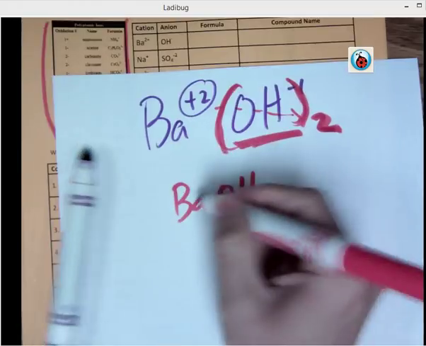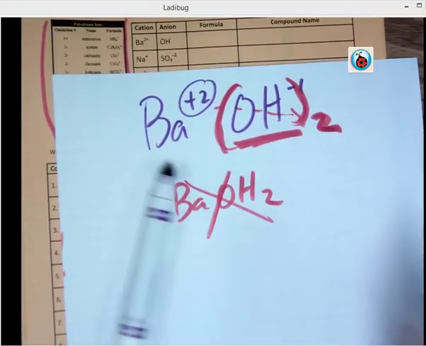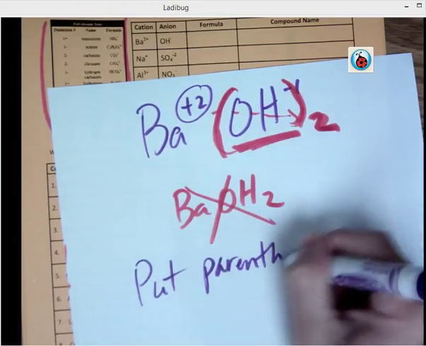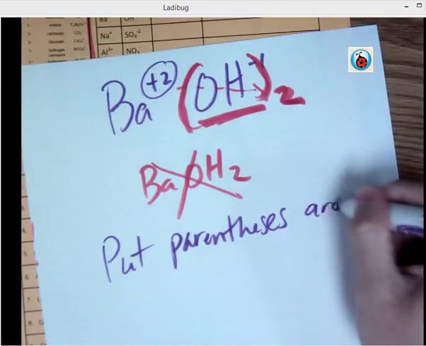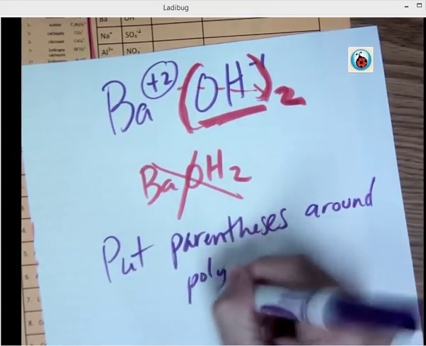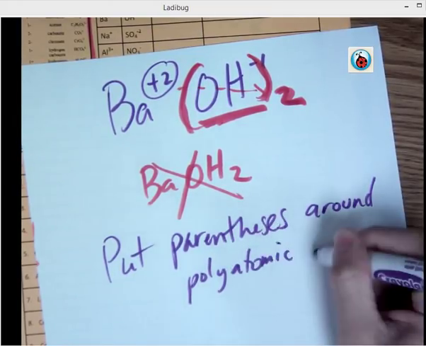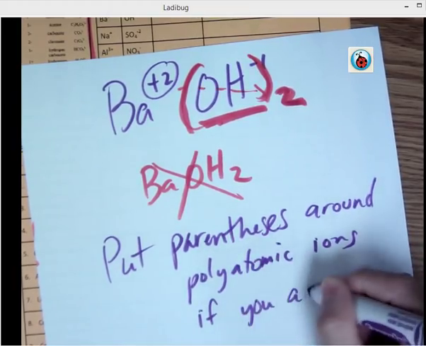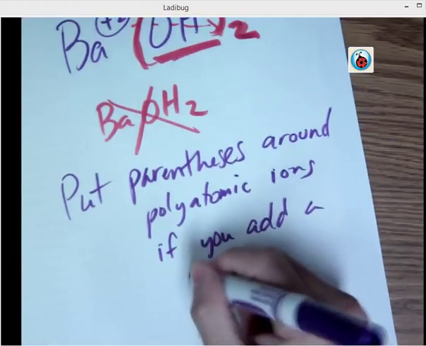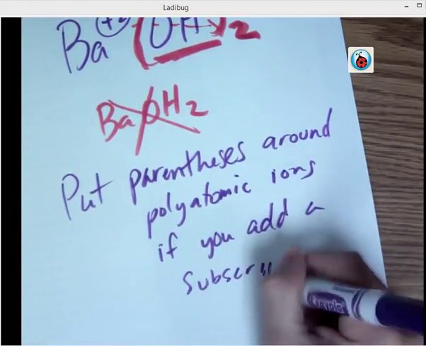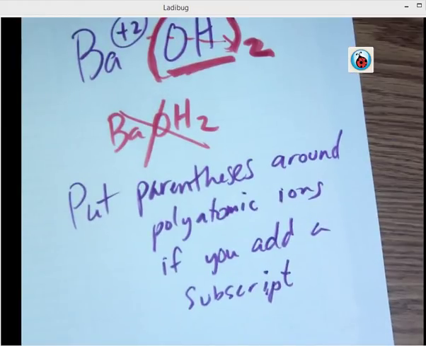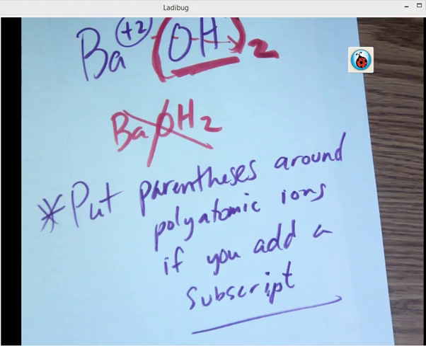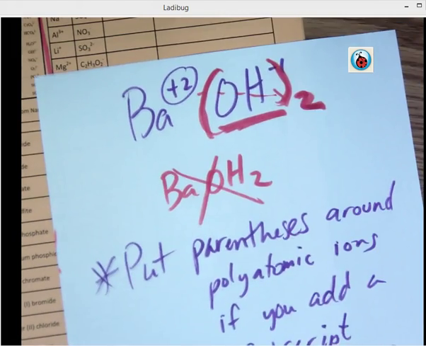So this is wrong. Anytime you put parentheses around polyatomic ions, if you add a subscript, you'll see more of it. Put parentheses around the polyatomic ion if you add a subscript to it. If you don't, then you don't need to.